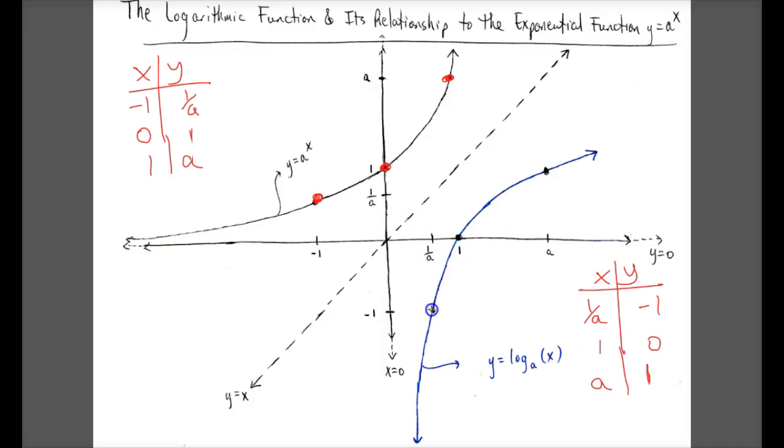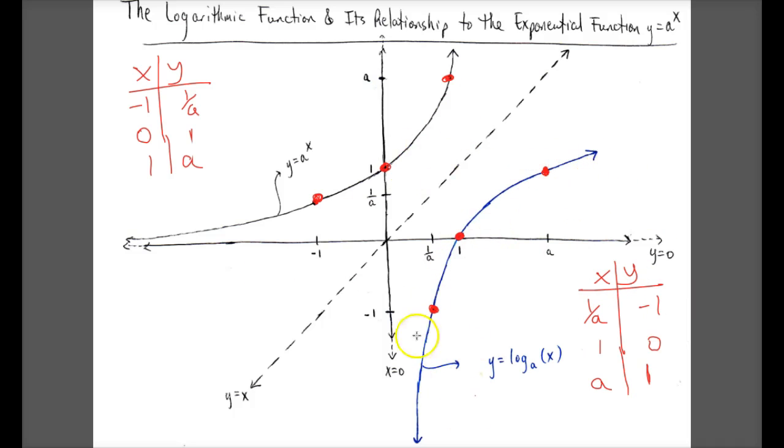Okay, and if you notice here for this graph, there's the 1 over a, -1, the 1, 0, and the point a, 1 right there. So if all we do is just take these values and flip them, then we can produce the inverse graph of the exponential called the logarithm.